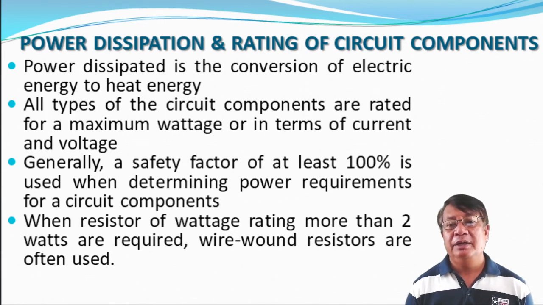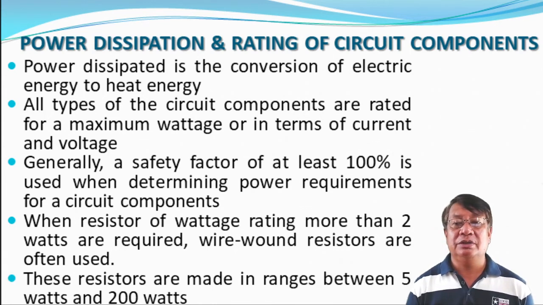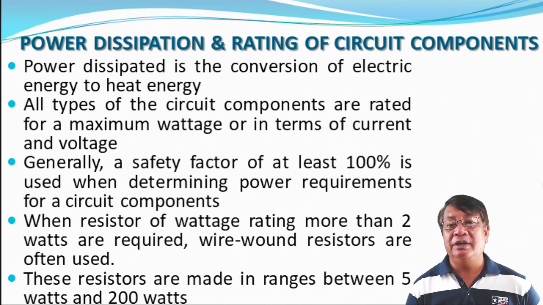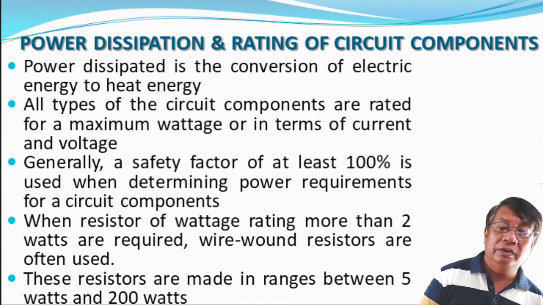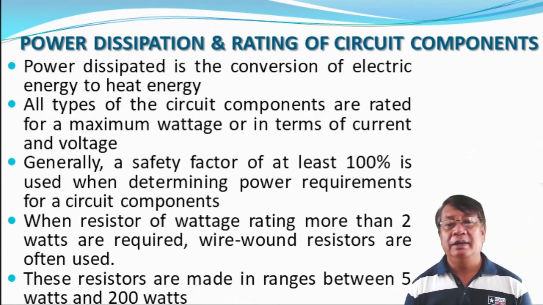So here the wire wound resistor is applicable if we need a resistor of 2 watts or more. These resistors are made in ranges between 5 watts and 200 watts. Okay, so that's it, no?